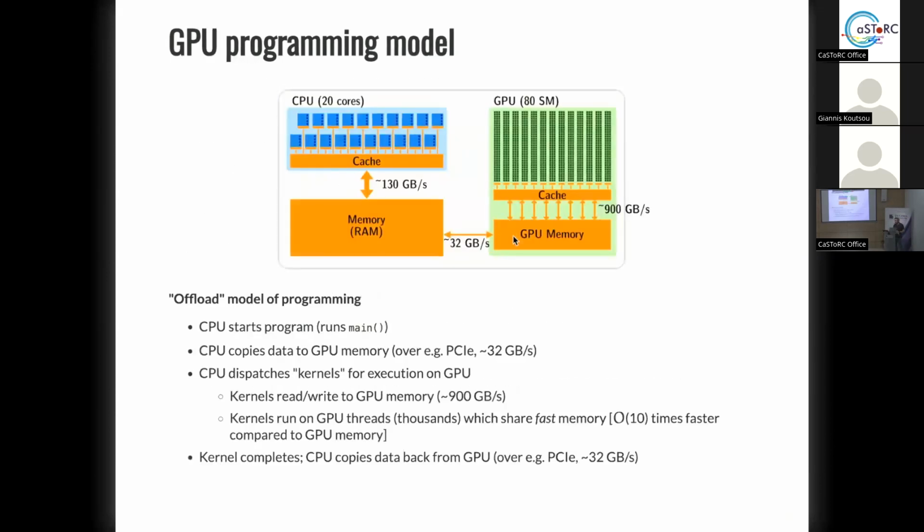So when you call cudaMalloc, you allocate memory here, and what this returns is a pointer to that memory. This pointer is useless on the CPU, but you need to hold it on the CPU. You hold a pointer on the CPU which points to memory on the GPU. So you cannot really dereference it on the host, but you need to carry it around on the CPU.